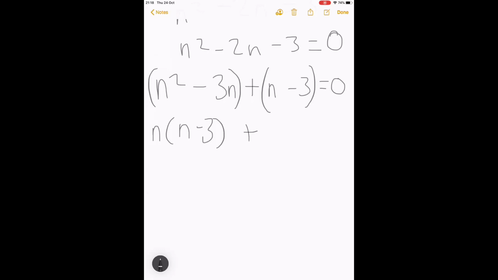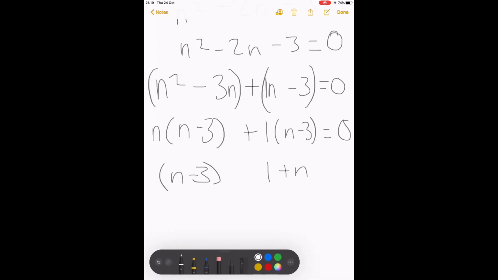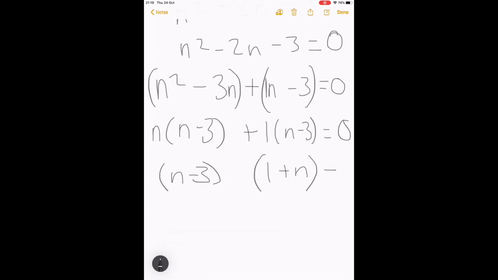And then if we add 1 as n's coefficient, we can take 1 out of the brackets to get 1 bracket n minus 3, which equals 0. We can see n minus 3 is a common factor, so we take n minus 3 out in its own bracket, and multiply it by its multiplier to get 1 plus n, which equals 0.